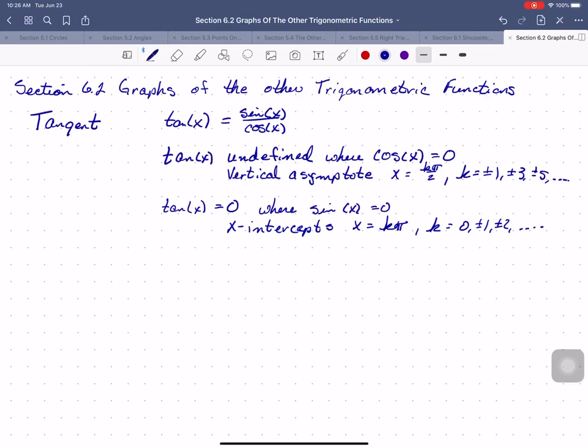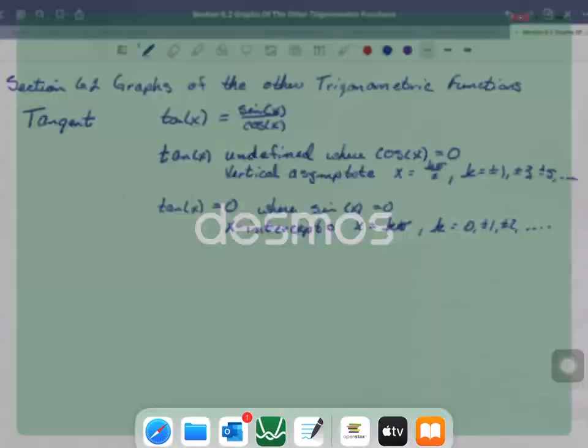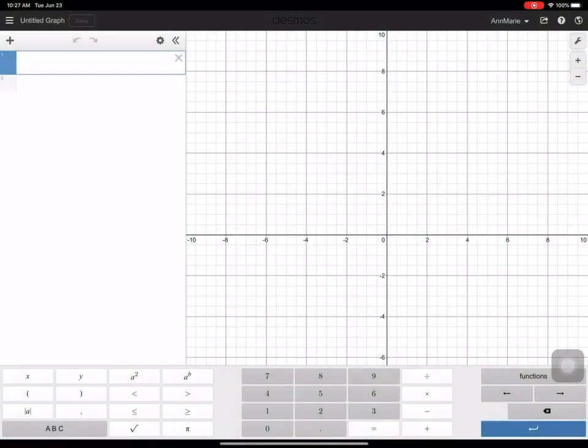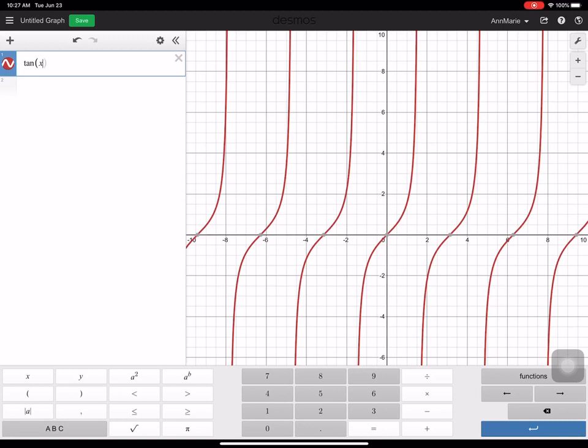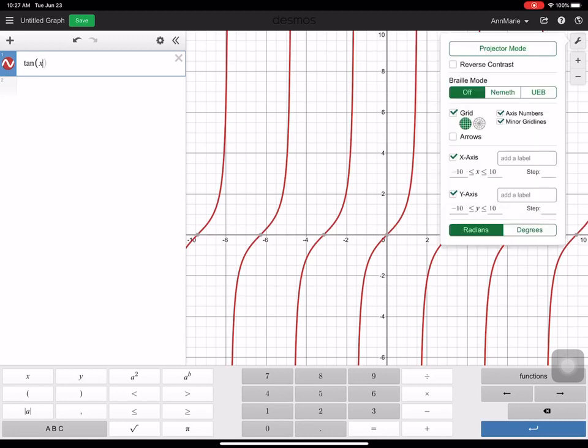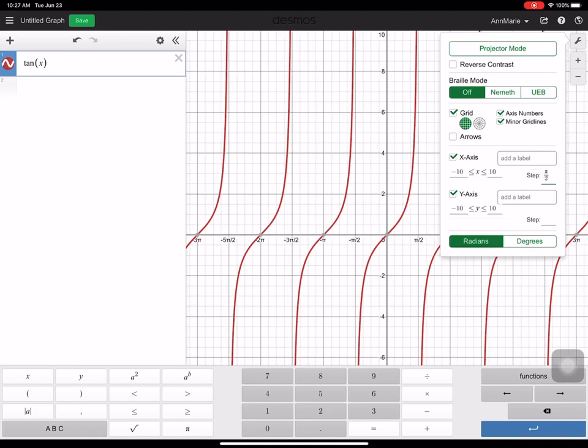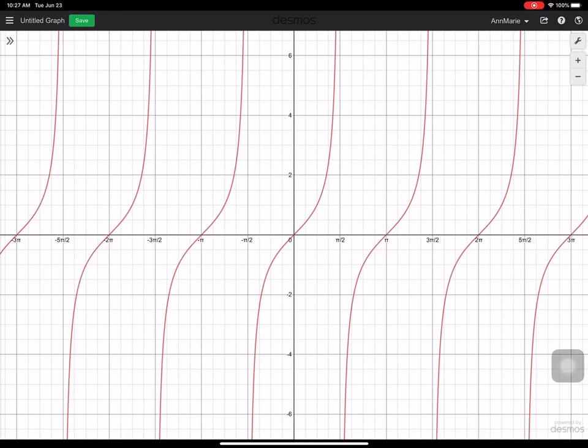Okay, so let's take a look at the graph of tangent, and then we'll talk about some more things about this curve. I'm going to make my x-axis show me pi over 2's.